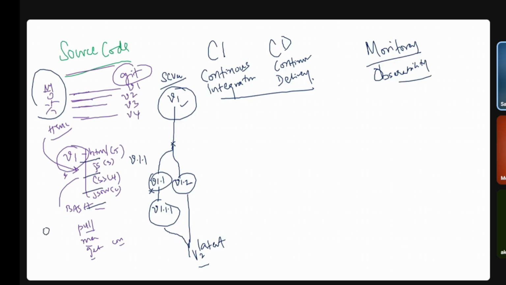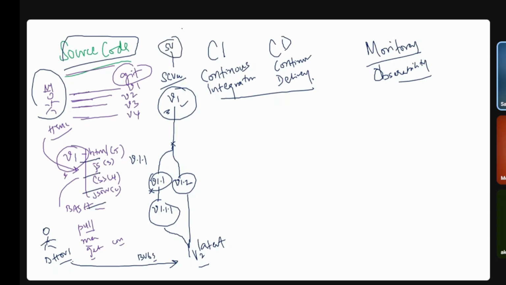So tomorrow, if Dhoni, who is a new developer who comes into the company, will no longer touch V1 code, he will directly go to the V2 code and start fixing his bugs. Okay. So typically, this is how source code is managed and maintained, and this is called source code versioning.